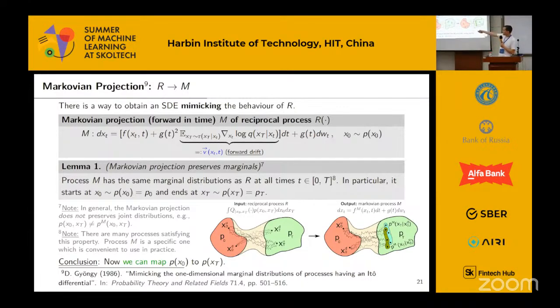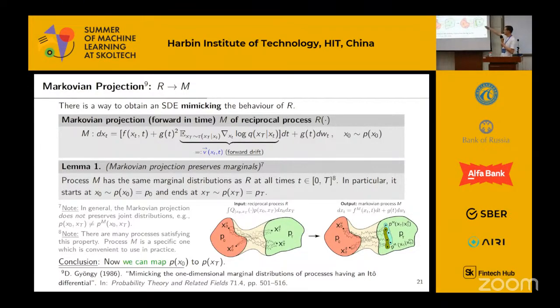So the reciprocal process is some process constructed between two probability distributions in the following way. We take some pairs, and into these pairs we put our reciprocal, our bridge process, our kind of interpolation between two points. But in this case, it's stochastic, not deterministic. Then we turn this process into a particular process which is described by a stochastic differential equation.